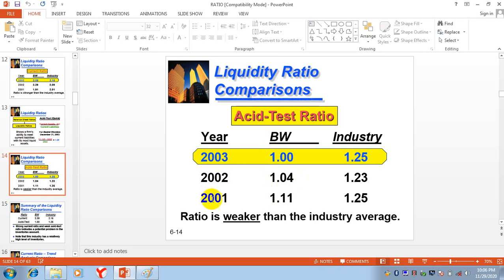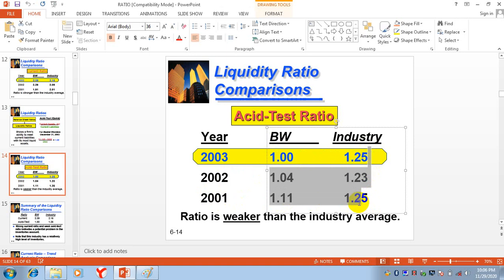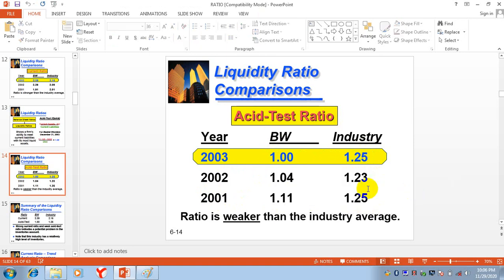And see the industry: 1.11, 1.25, 1.04, 1.23, and 1.25. So see the industry, their average quick ratio is stable. 1.25, 1.23, 1.25, it is stable.